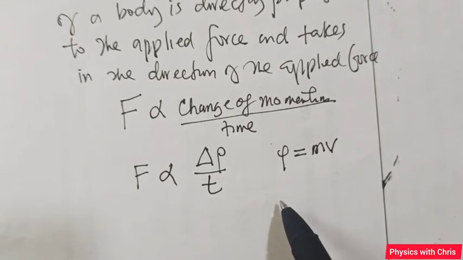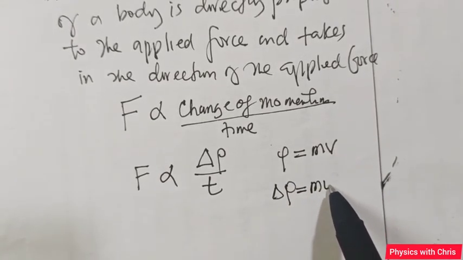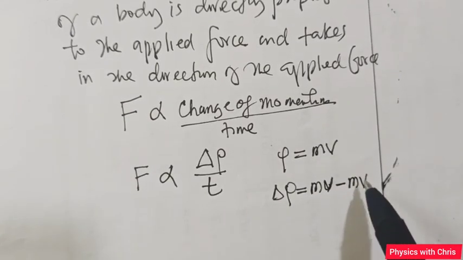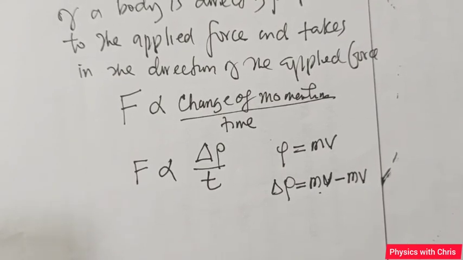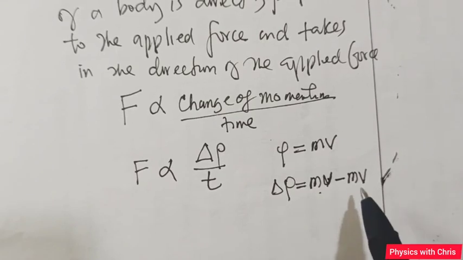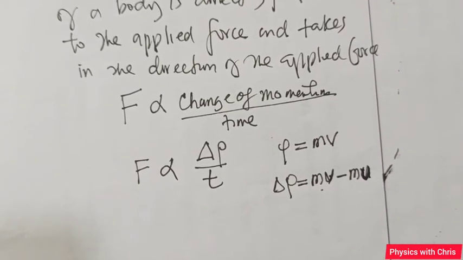Now, momentum change means that there must be an initial momentum and also a final momentum. So it is the final momentum minus the initial momentum that gives momentum change, because this is the final velocity v, this is the initial velocity u. So that gives the change in momentum of the body.